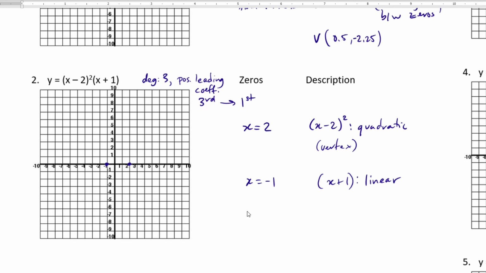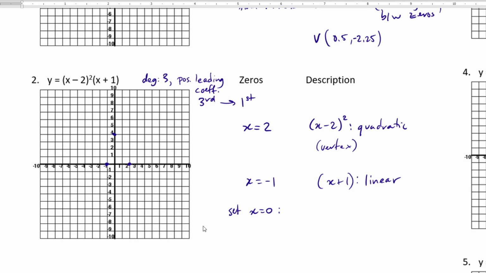And the other thing that I can do is find the y-intercept by setting x is equal to 0. So I'll get one more point here. 0 minus 2 is just -2, and -2 squared is 4. Then 0 plus 1 is just 1, so 4 times 1 is just 4. So my y-intercept is right here.